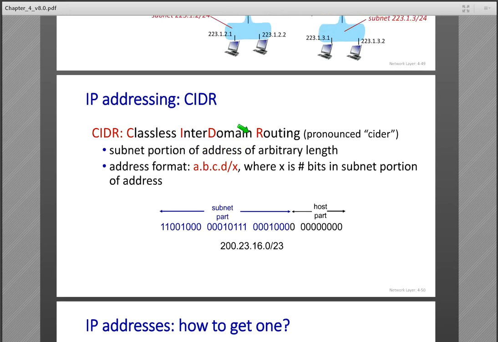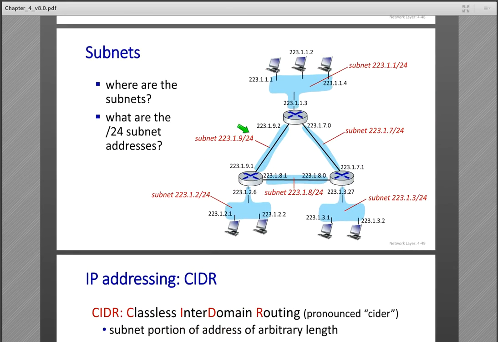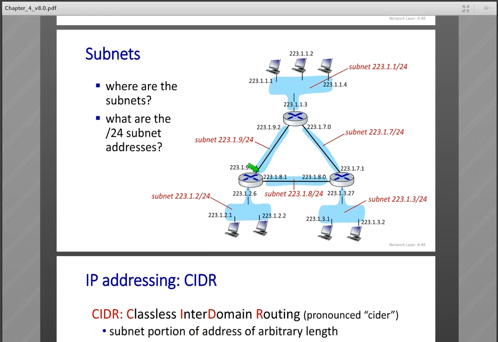So I can do this, but here I said that I need 2 IP addresses, but the mask of this address is /30. But why? Why is it not /31?